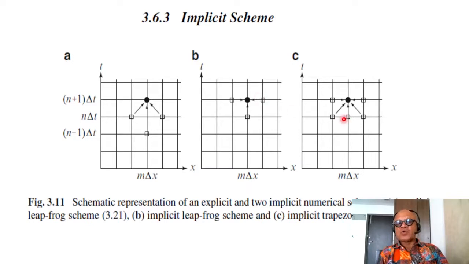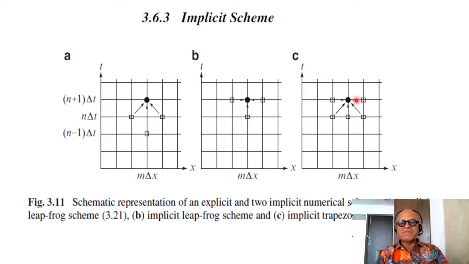And this is another way where we are saying it depends on three previous space grids. So m minus 1, n minus 1, m and n minus 1, m plus 1 and n minus 1. Obviously this kind of spatial differencing gives us higher accuracy, and this is still depending on the two current time steps.